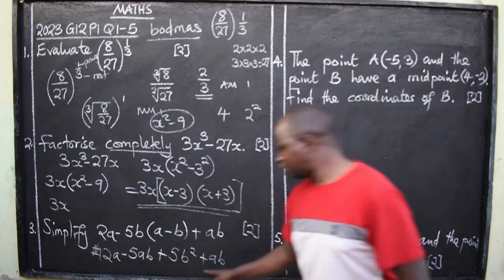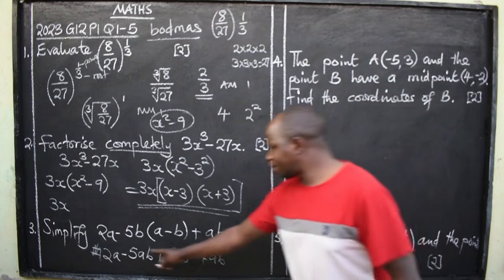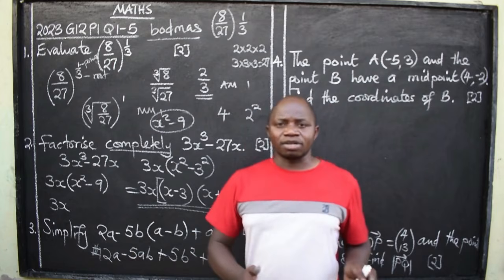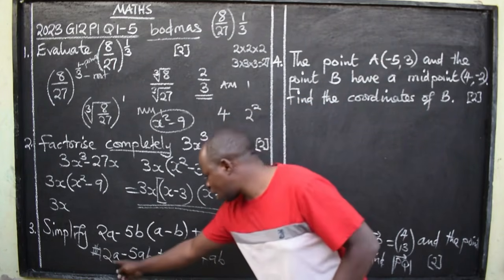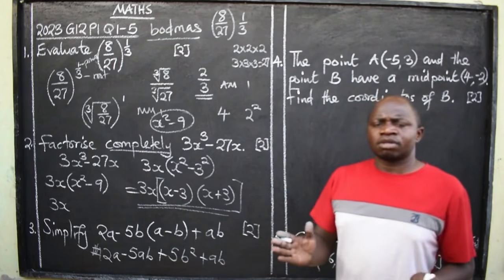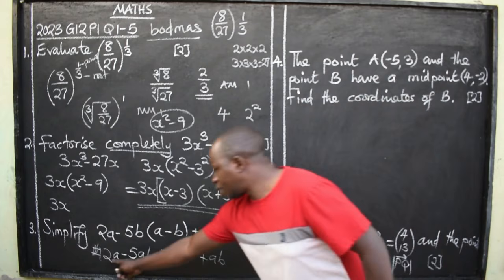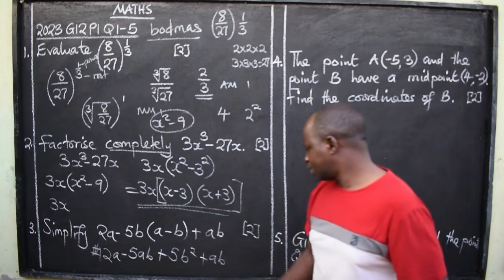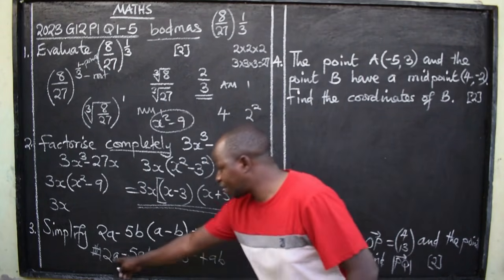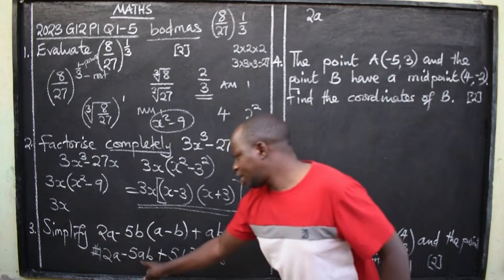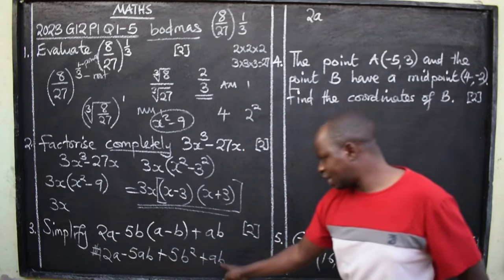So at this point here, the brackets are done. It will now be collection of like terms. What is common here, or what is like to each other. So we have 2a. Do we have a pair? 2a? I do not have a pair. So I'll write 2a the way it is. What about ab? I've got another ab here.